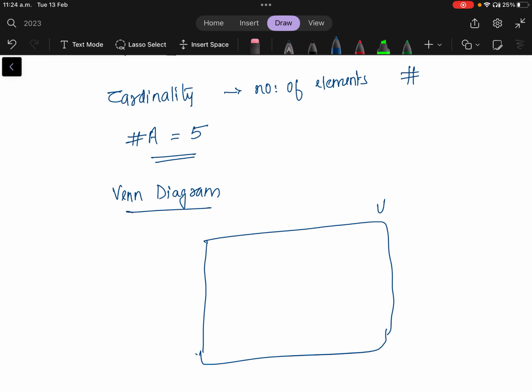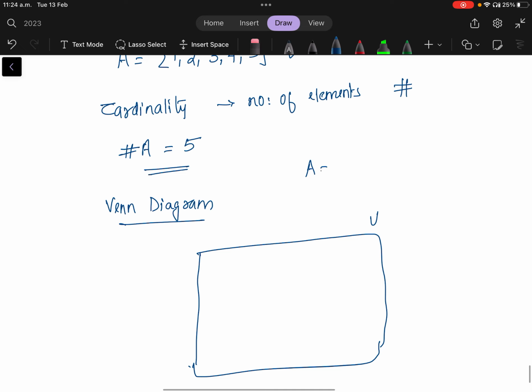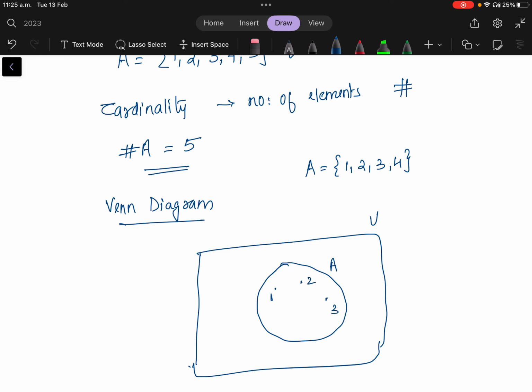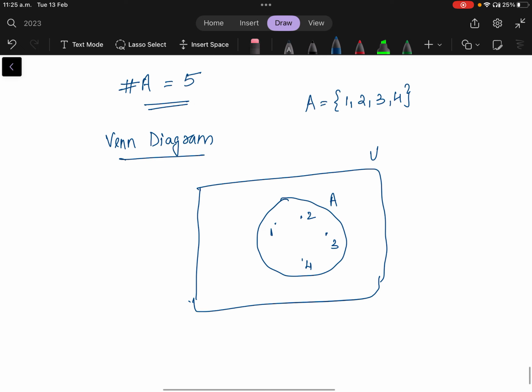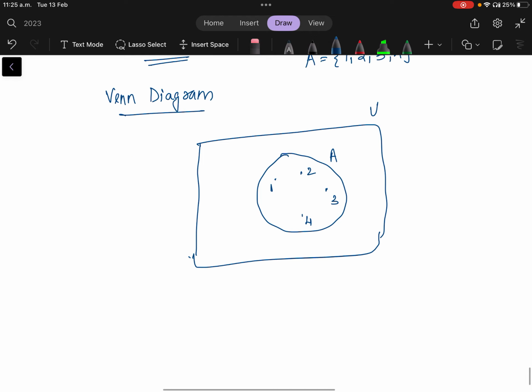And now if you are denoting the set A, which is 1, 2, 3, 4 maybe, you can write this as a circle here and write A here as the name of the set. And then you write the elements like this, 1, 2, 3, 4. So this is a Venn diagram. Always remember you need to have the universal set and you need to draw a circle which will denote a set A.